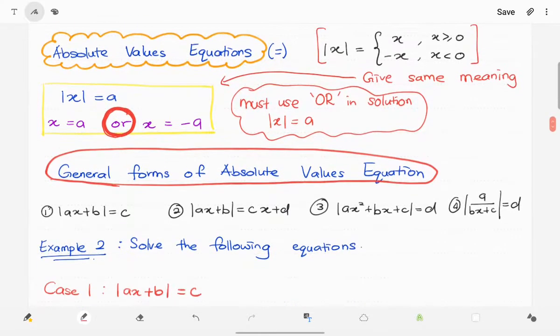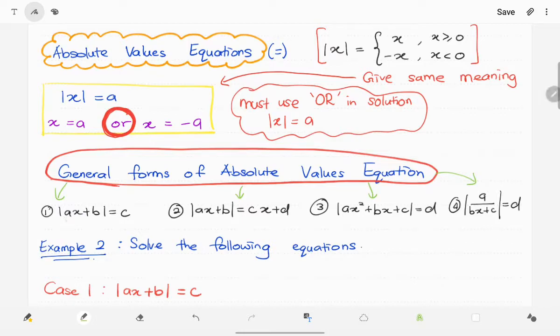And then we go to the general forms of absolute value equations. Here you can see there are 4 types, or 4 general forms.